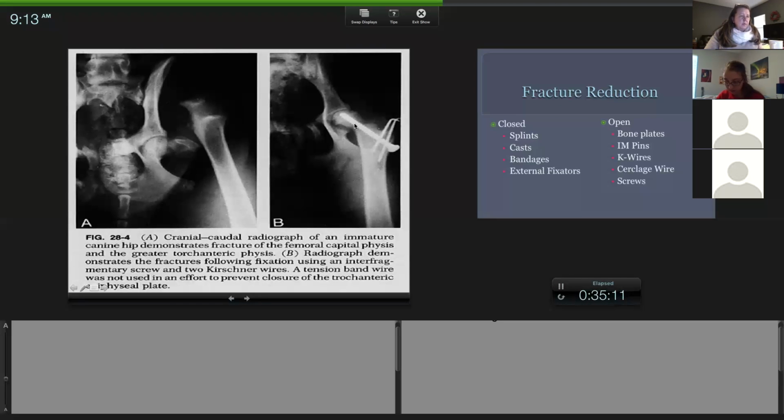Yes, so typically the metaphysis is considered more of the middle. The diaphysis is closer to the ends, and then the epiphysis is typically the very ends. But a lot of people, I use those interchangeably. So I will make sure that I'm clear when it comes to right before the test.